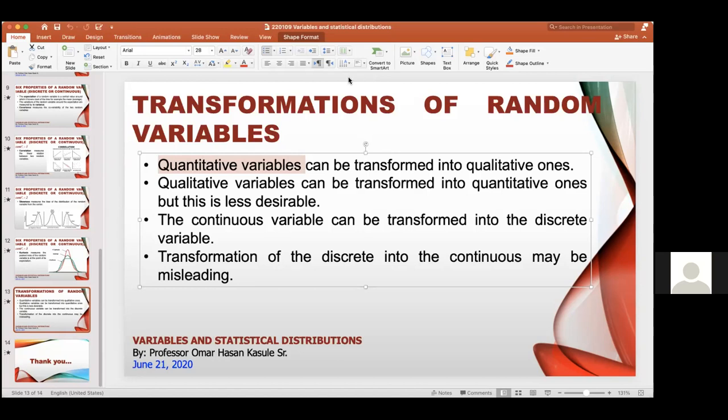That's why I said this lecture is very important, because as you go through statistics, you will have data you want to analyze and you have to choose what test statistic to use. You need to know what type of variable you have. If you cannot distinguish among types of variables, you cannot choose the right statistical test.